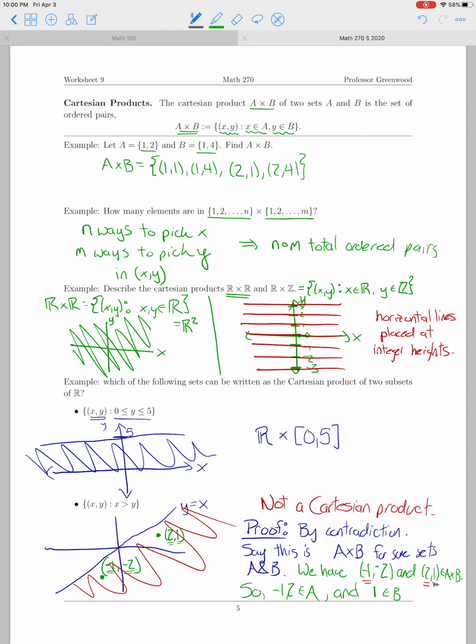And so if that's the case, then that's going to imply that the point (-1, 1) is in A cross B. But this is a contradiction.